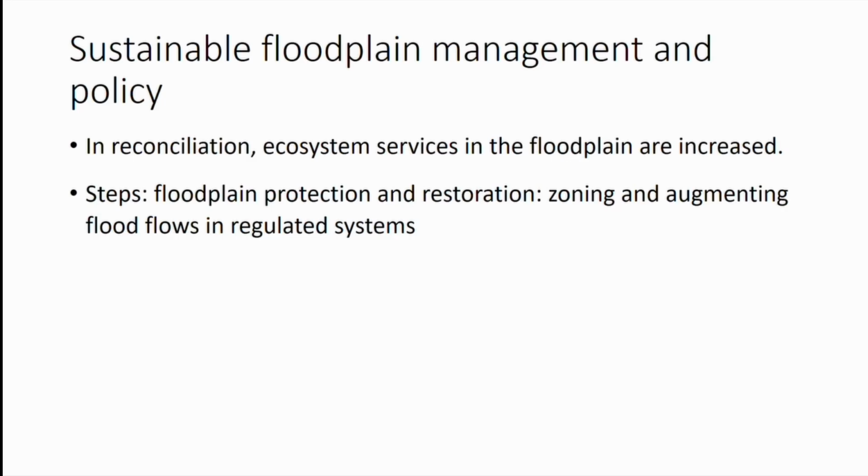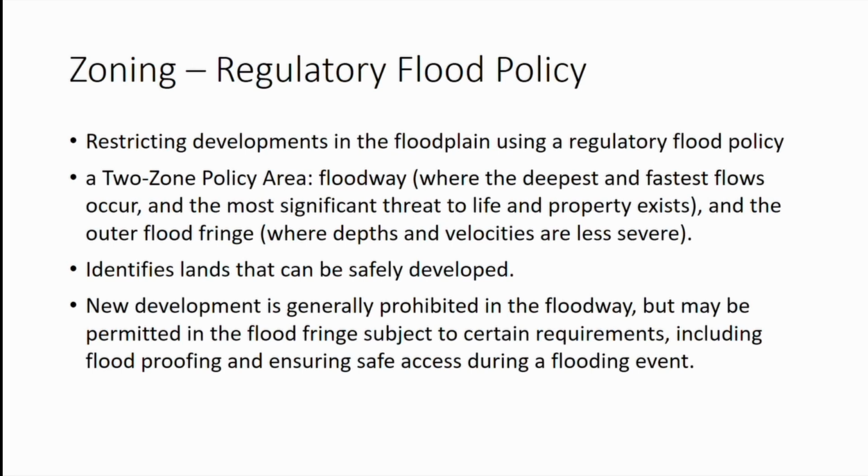And so we will go through two of these approaches at some length: the zoning, and how flows can be augmented to support species habitats within the floodplain. For the zoning, once a regulatory flood policy is established, we have what we call the two-zone policy area.